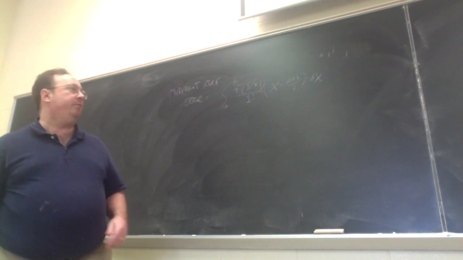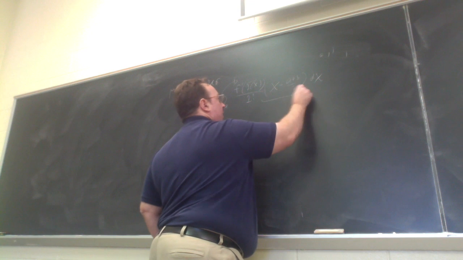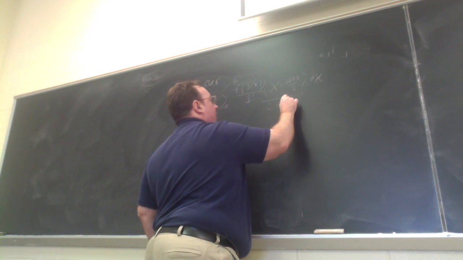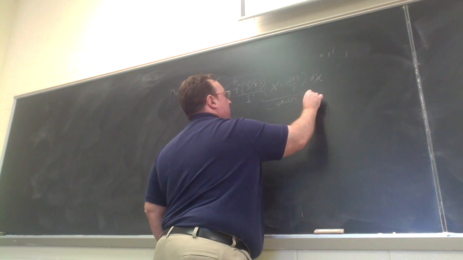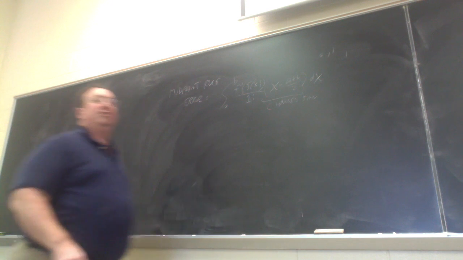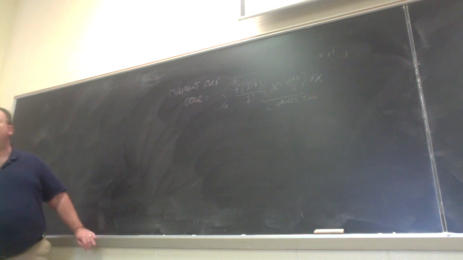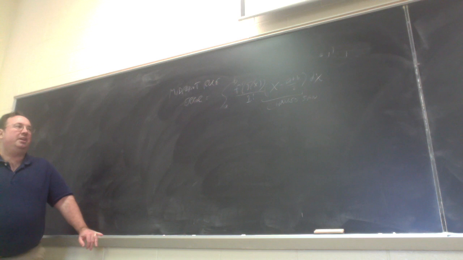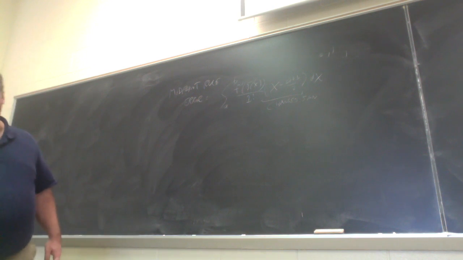And here's the problem with that. This changes sign. It goes from positive to negative in the middle when x varies between a and b. So we cannot use a weighted mean value theorem for integrals, unfortunately. Now, if I had actually covered divided differences in this class, I'd have a not so difficult fix for this, but I haven't. So that's why I'm doing this really strange proof now.